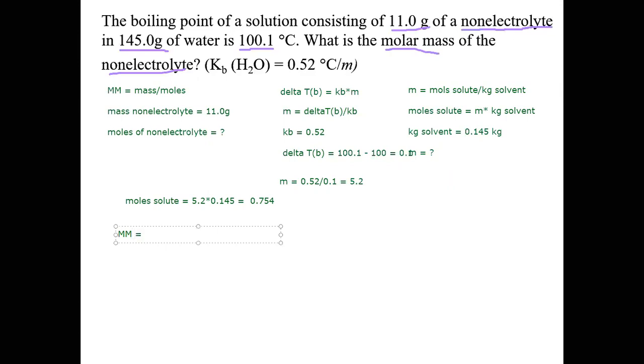Anytime you're solving for molar mass, this is the way that you would do it. And we get 11 divided by 0.754. So we get that this non-electrolyte has a molar mass of 14.59 grams per mole. So let's just double check here.